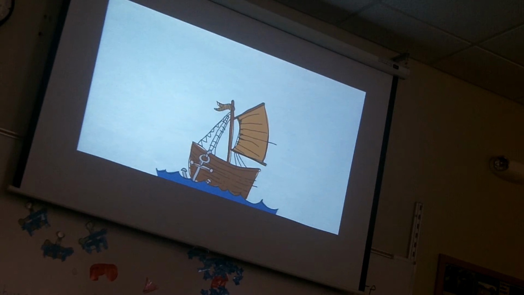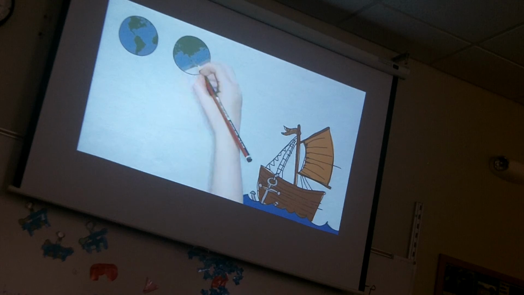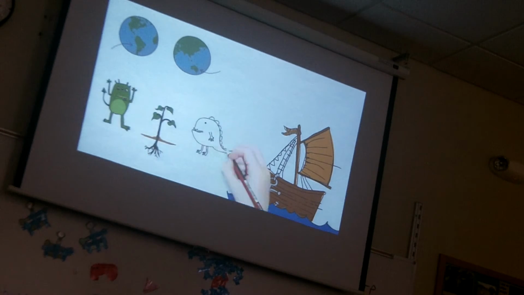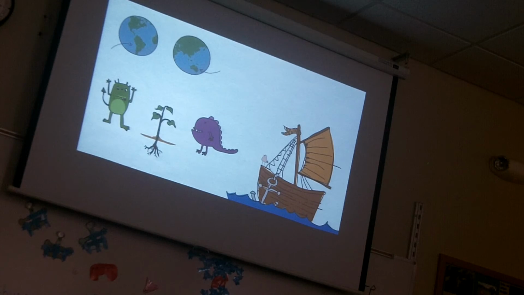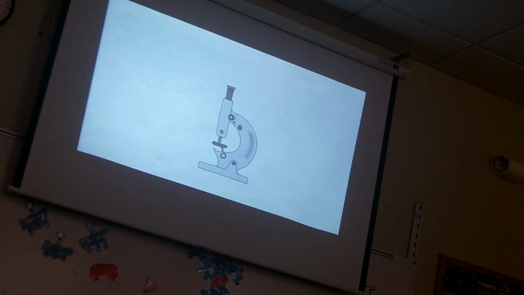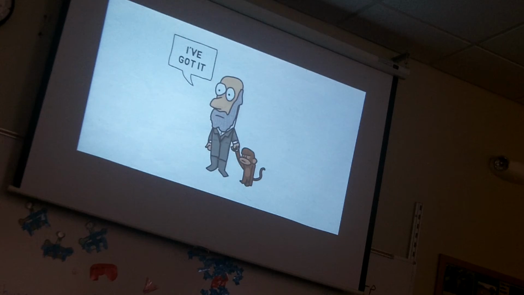In 1831, he went on an exciting voyage aboard the ship HMS Beagle. The Beagle visited the coastal islands of South America and Australia, where Darwin observed and collected a wide range of weird and wonderful plants and animals. When he got back to England, he analysed his collection closely. That was when his ideas about evolution started to form.